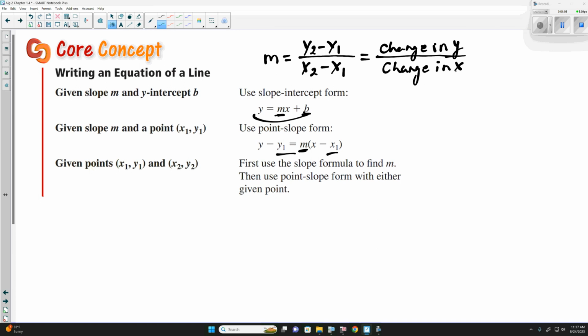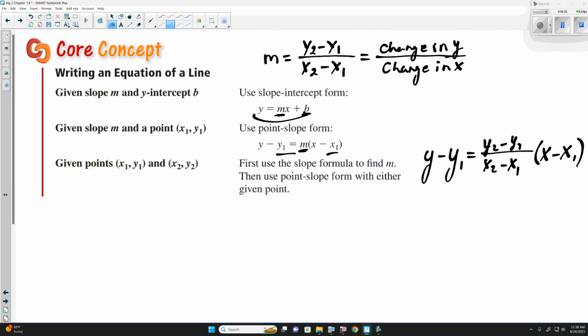Any questions on these two forms or equations for equations of lines? Now we do have another form. We could call it two-point form, which is y minus y1 equals y2 minus y1 over x2 minus x1. Yes, now we don't normally use two-point form.